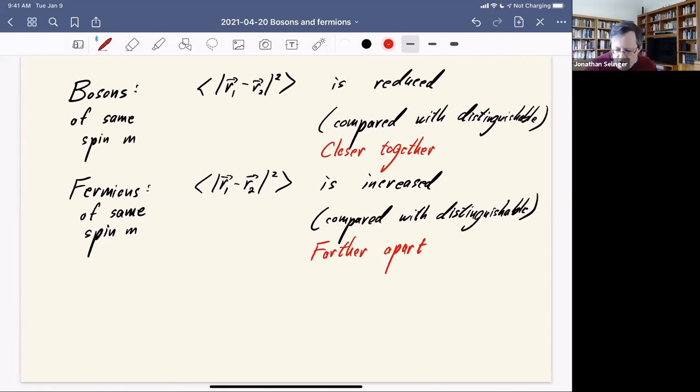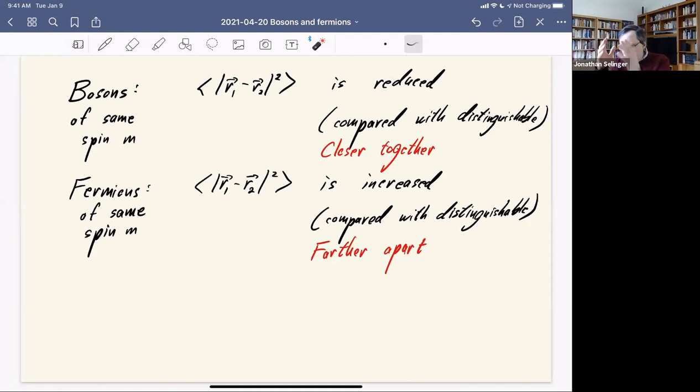Okay, and so when I was a student, one of my professors referred to this kind of thing as the gregarious property of bosons, right? That bosons like to be close to other identical bosons, right? That they tend to be closer together just because of the symmetry requirement associated with the wave function.